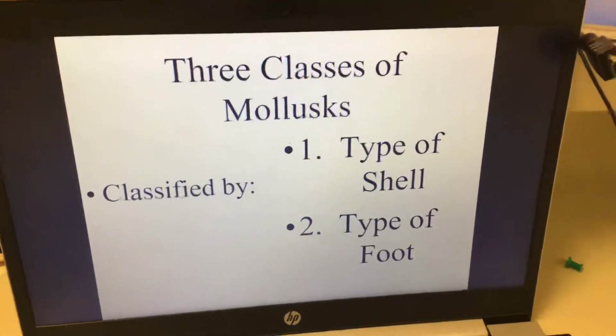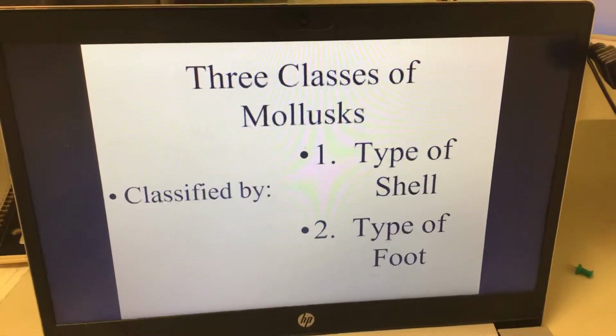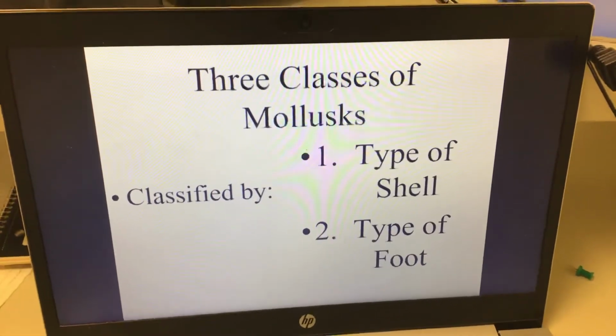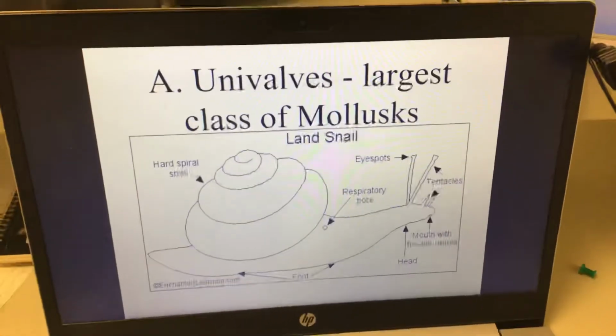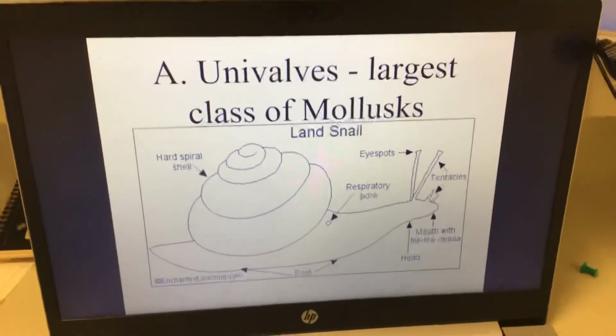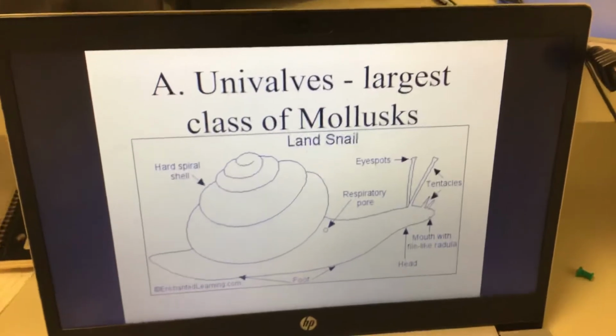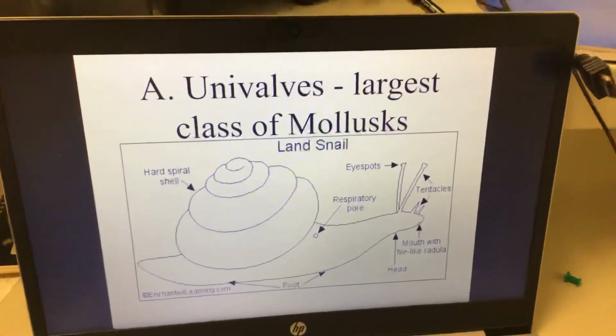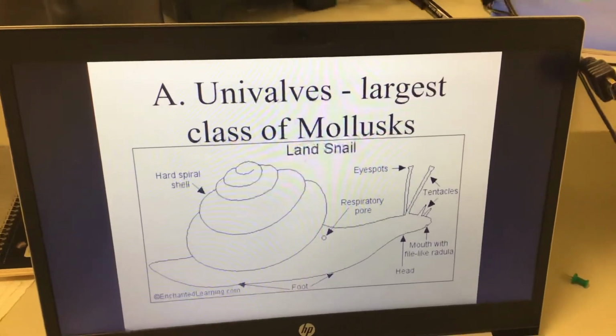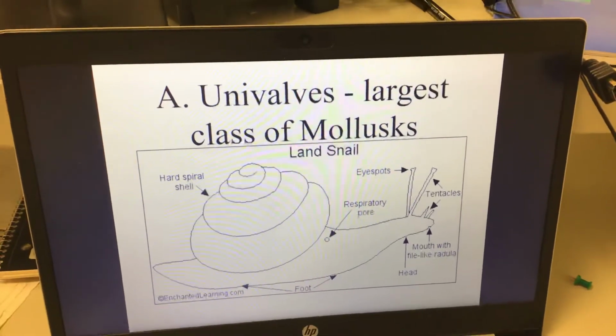Write down three classes of mollusks. The first one, univalves. This is the biggest class of mollusks. There are the most types in this. Uni means one. You'd ride a unicycle, it has one wheel.